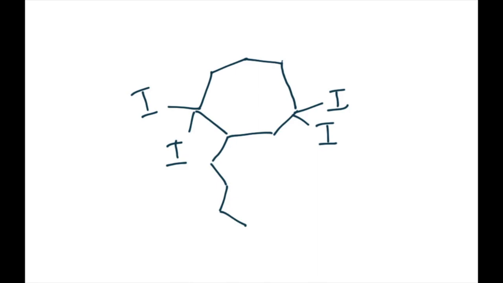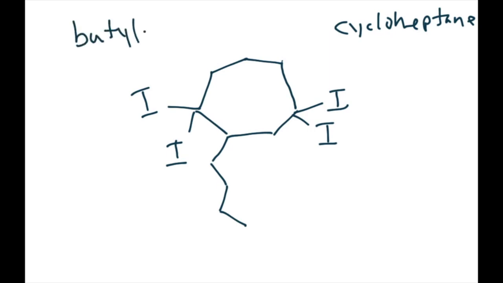All right, so what's my parent hydrocarbon here? Cycloheptane. And then what are my substituents? Yeah, 4-iodo.